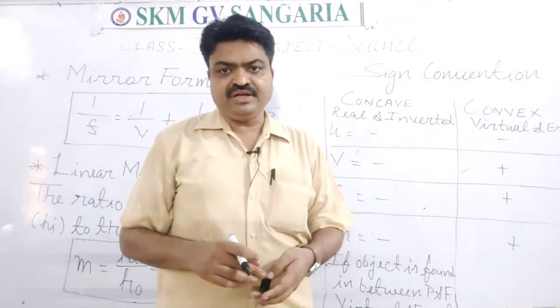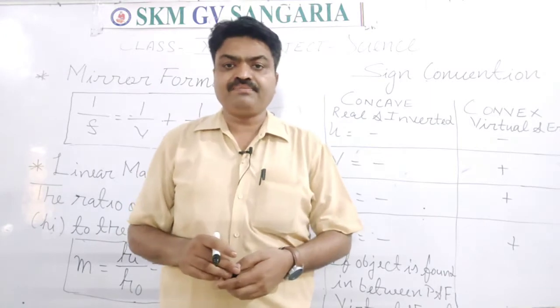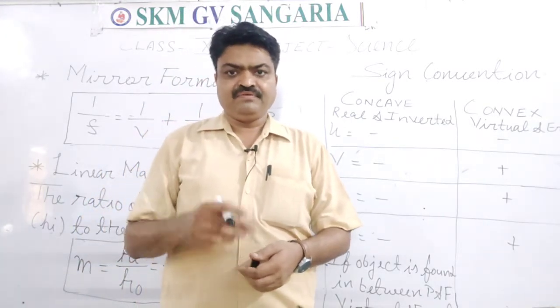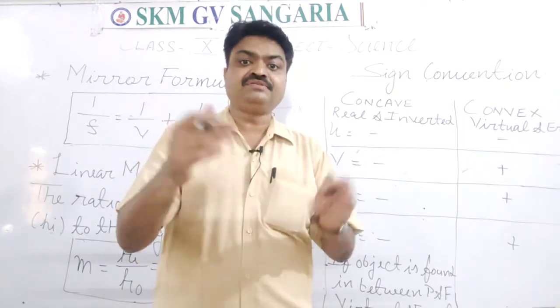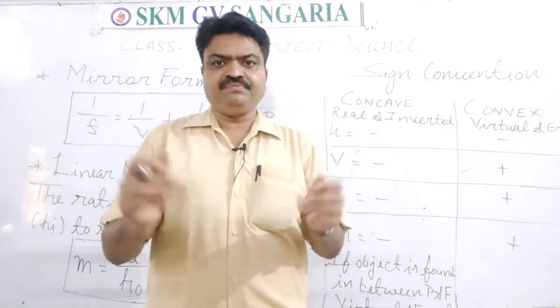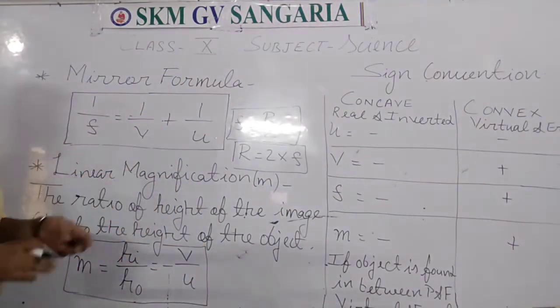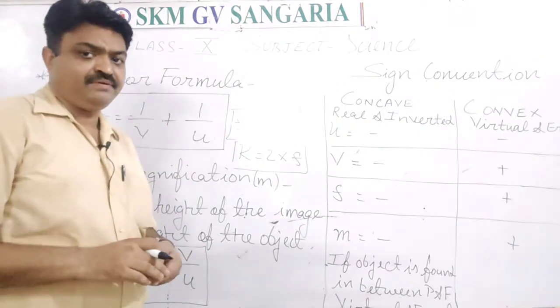Now we come to the next topic, linear magnification, student. What is magnification, student? Enlargement of the image. So what is the formula of linear magnification in the case of a concave mirror?